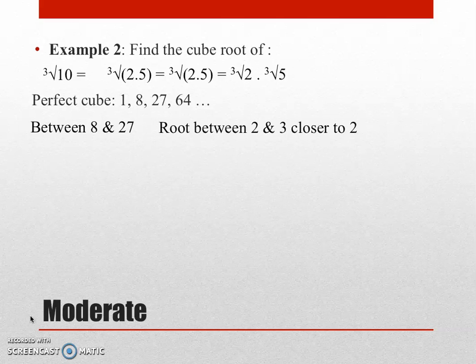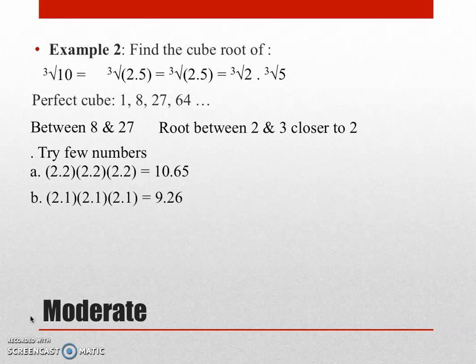And we can tell it's going to be closer to 2 because 10 is much closer to 8 than to 27. So let's try 2.2. 2.2 cubed gives us 10.65. Okay, so we're getting close, but we know it's going to be smaller than 2.2. Let's take 2.1. 2.1 cubed is 9.26. So now we know that the cube root of 10 is somewhere between 2.1 and 2.2.